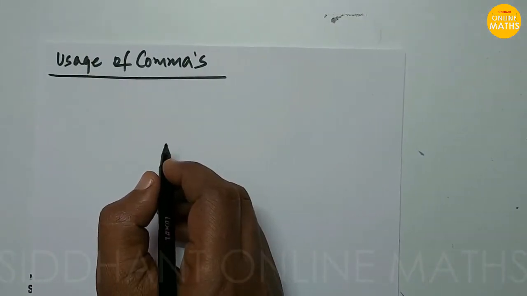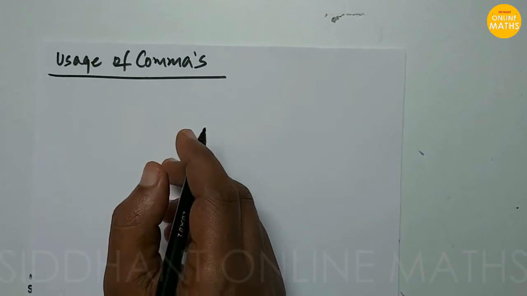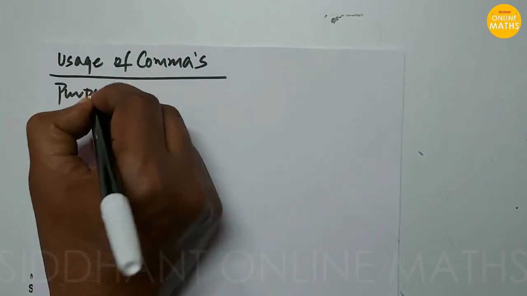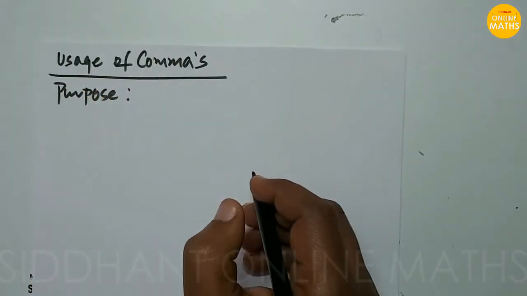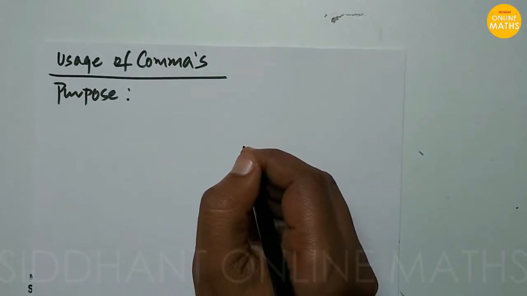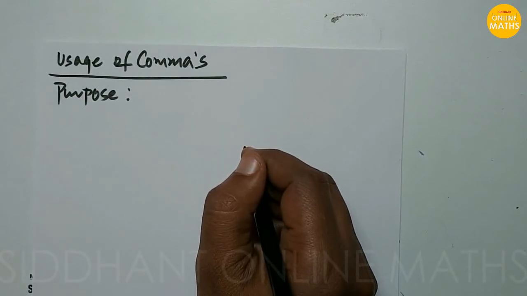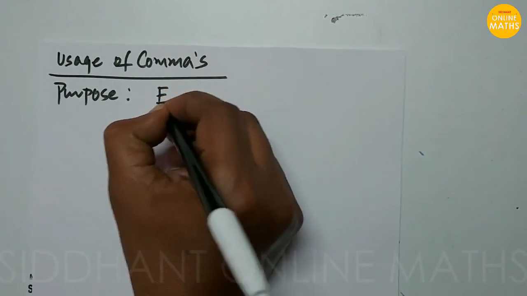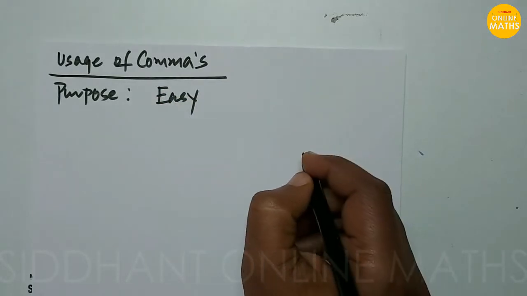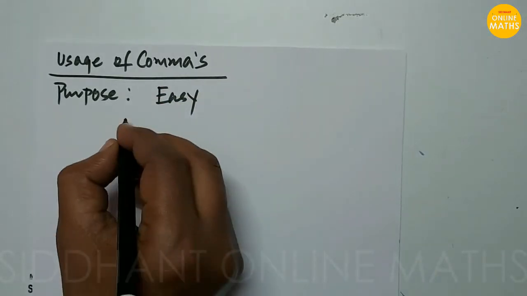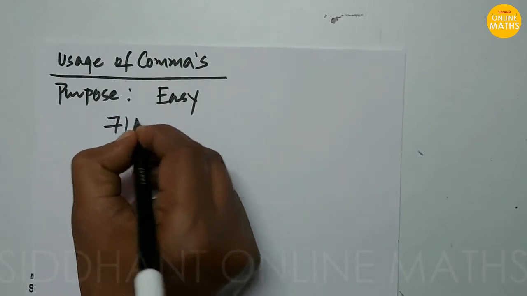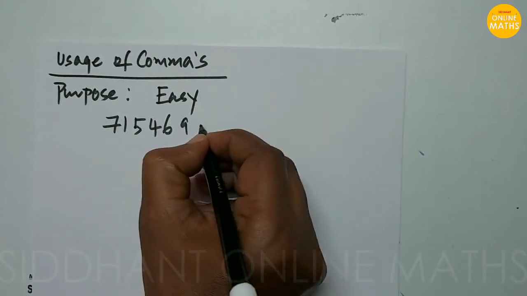Next topic, usage of commas. What is the purpose of using commas? When a number is given to you, it looks very difficult or complex to read. When you use commas in a given number, it will be read easily. So suppose a big number is there, like 7 1 5 4 6 9 8.